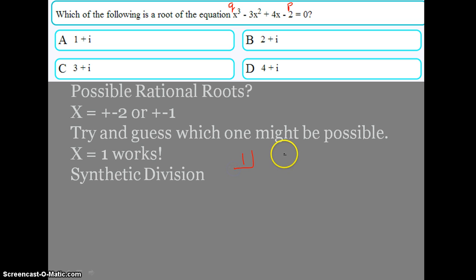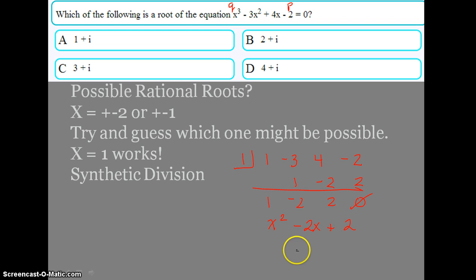So I'm going to put 1 in here. And coefficients, 1, -3, 4, and -2. And then I do my synthetic division. And then I have what's called the depressed polynomial. So the depressed polynomial is x squared, because 1 degree less than the beginning power, minus 2x plus 2.